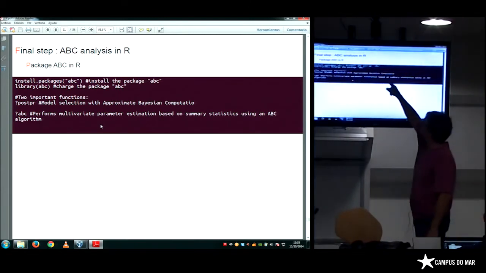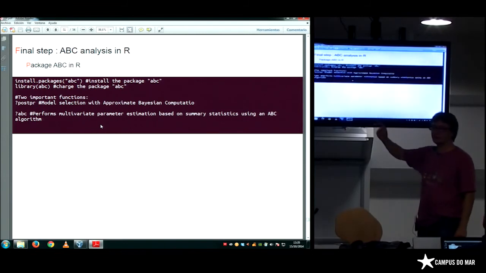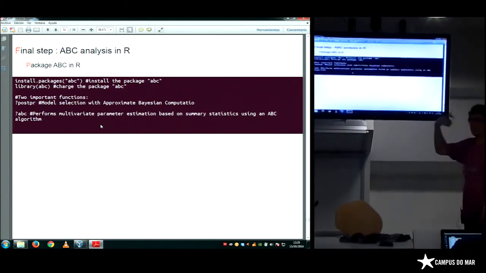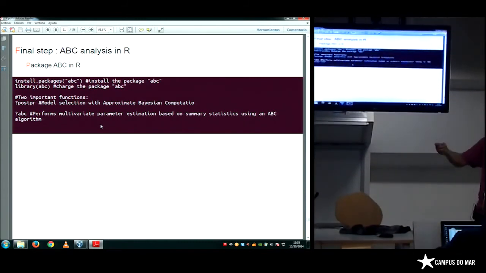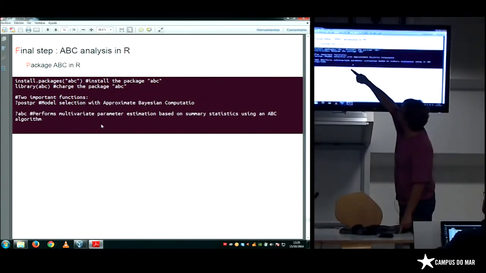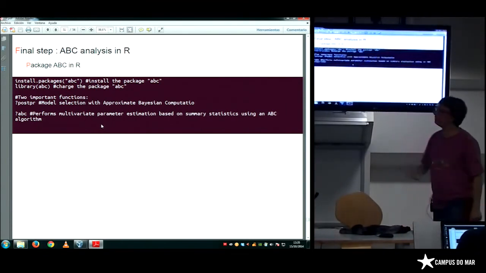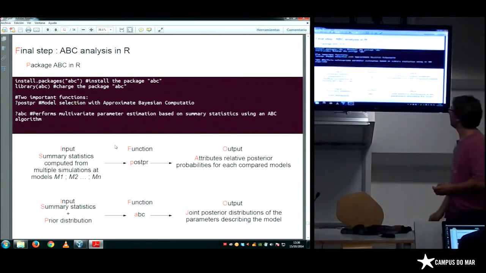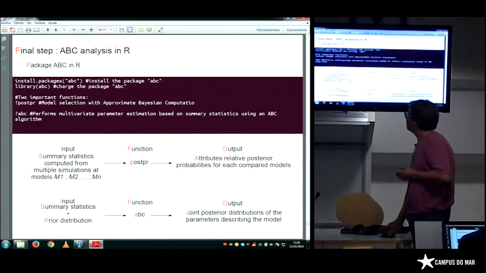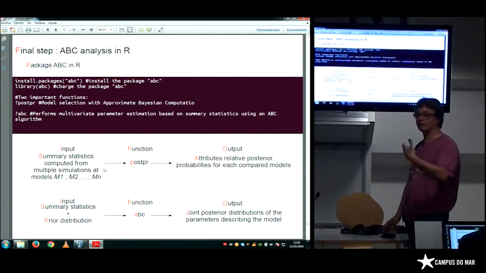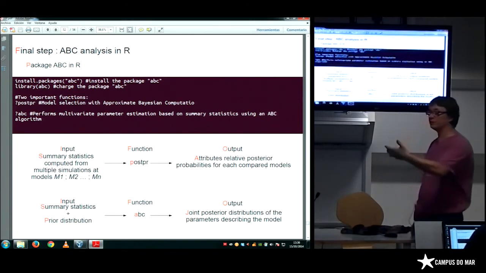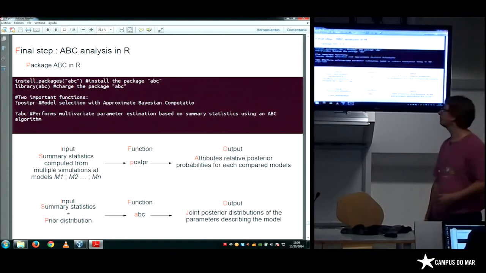One is to select the model between several, and the other one is to estimate the parameters of the model. So here we are going to use only the first one, postpr. Okay. So postpr, using all the summary statistics we have generated by simulations, attributes a posterior probability for each model.